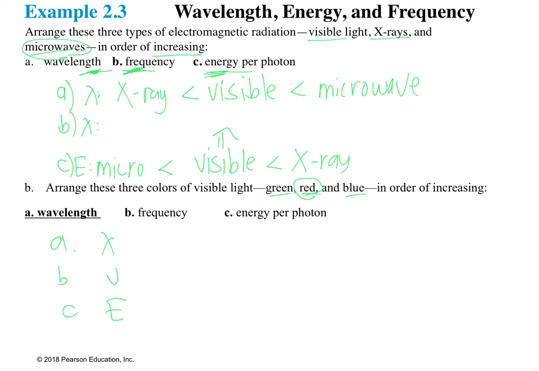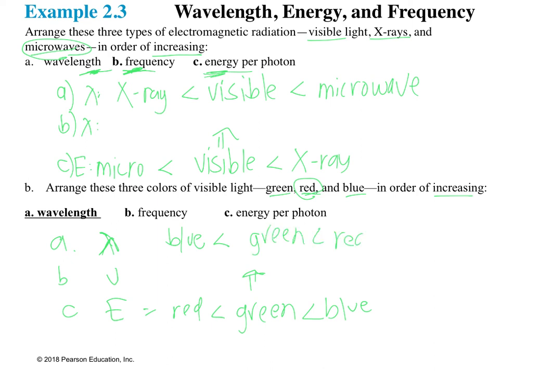So in this case, our energy from lowest to highest will be red, then green, then blue. And same for frequency. And then wavelength will be the opposite. Blue has the shortest wavelength, then green, then red. So do it in whatever order makes sense to you, but I like to approach it from energy.